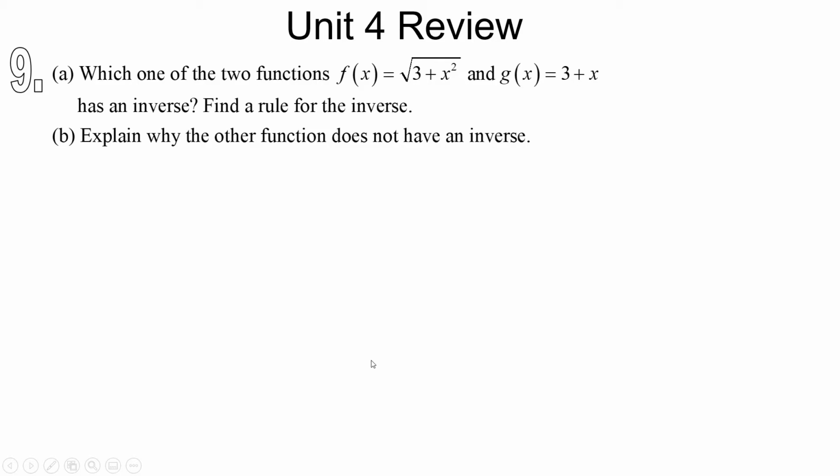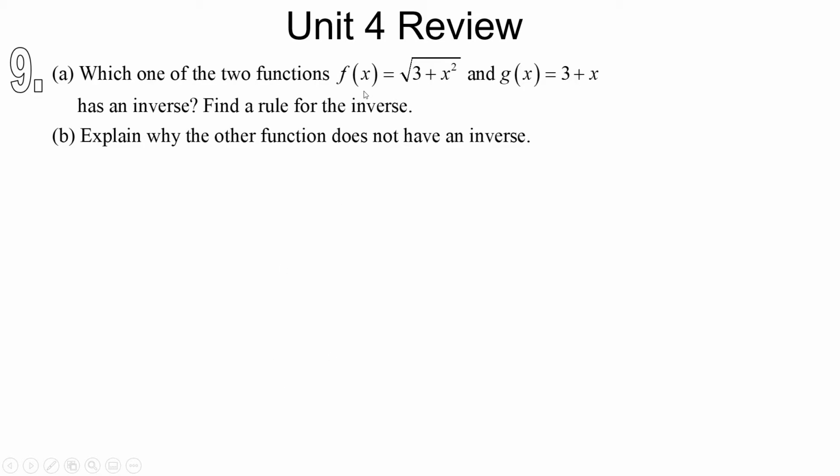Okay, number 9, part A. Which of the two functions f of x equals root of 3 plus x squared and g of x equals 3 plus x has an inverse? Find a rule for the inverse. All right, well, for a function to have an inverse, we should be able to interchange the variables and then come up with a function if we solve for y.